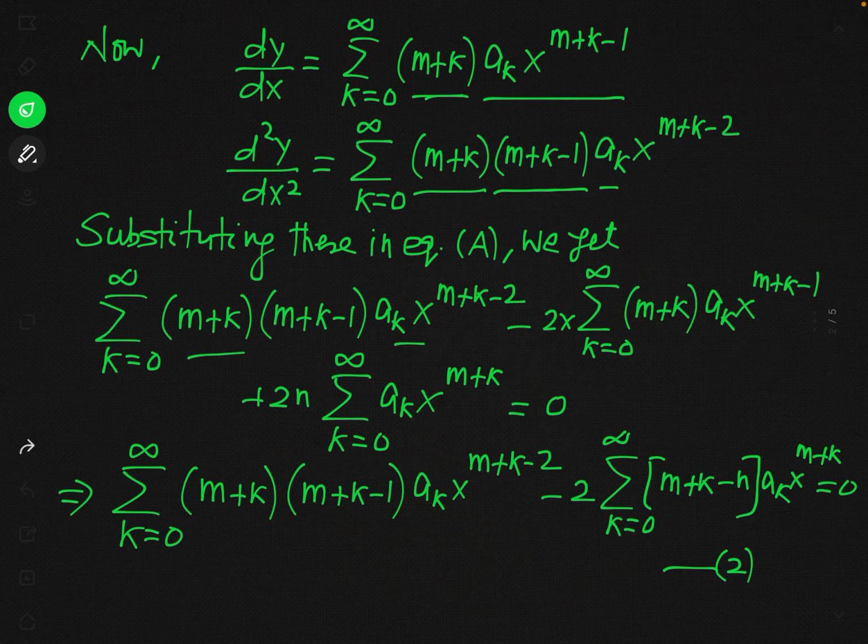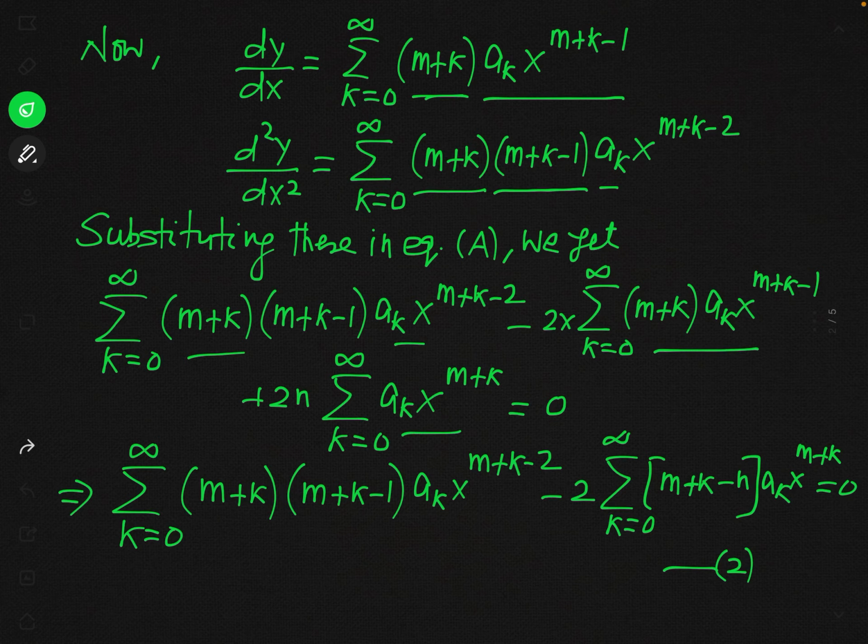So put the value of dy/dx here, and this will be the term. Now the third term is 2ny, and y has been defined in this manner. So this is plus 2n summation k from 0 to infinity of ak x raised to the power m plus k equal to 0.